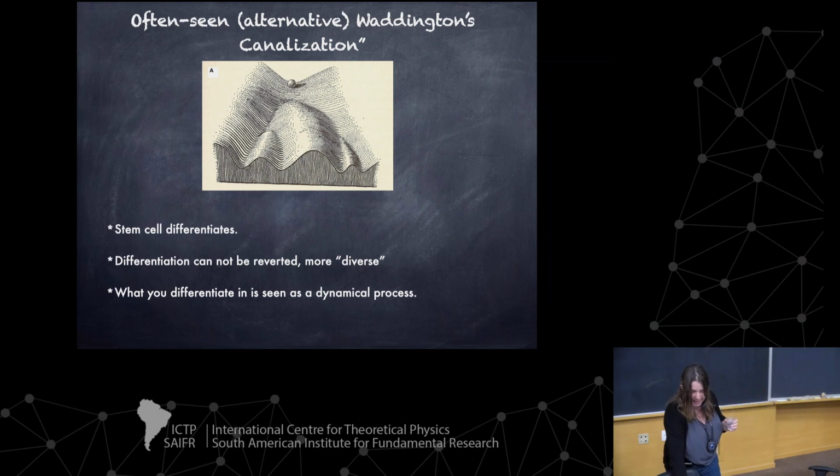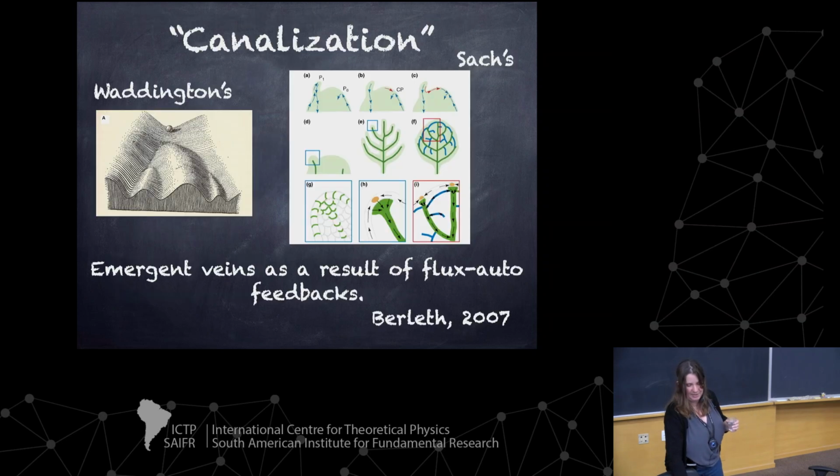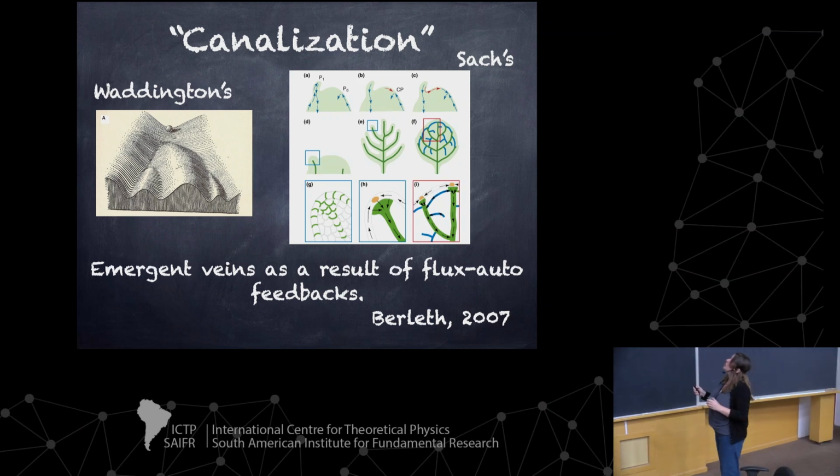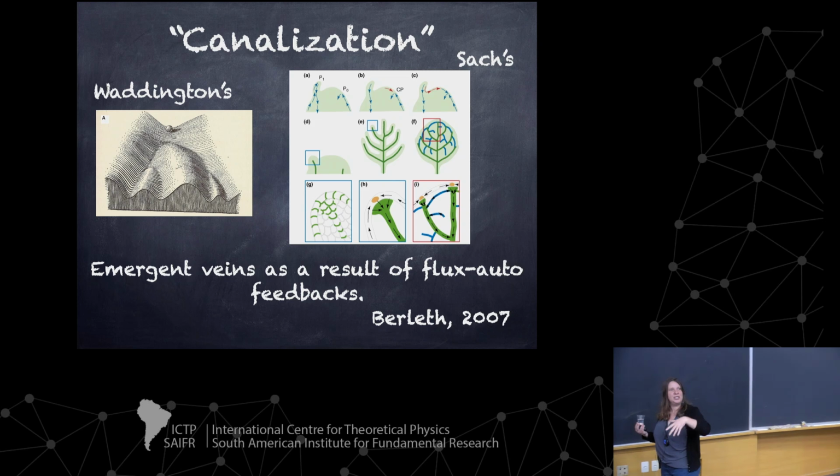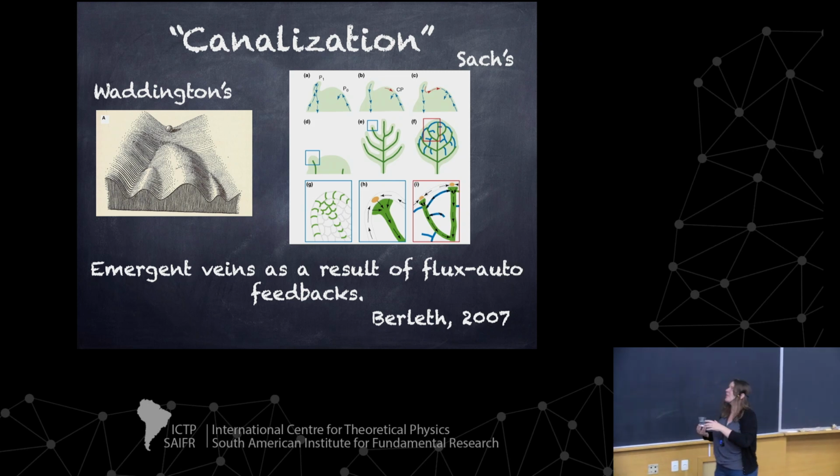Now, I just want to make a side note that if you go into a community which is working with plants, they will have no idea what canalization means. They'll think you're talking about this. Okay? I just wanted to put it up. So canalization here is what, I think one of the groups also had a project on it, when you were thinking about how the streams form, right? The erosion in the sand. It's very similar.